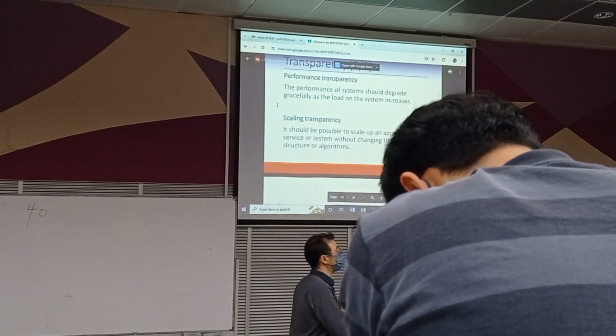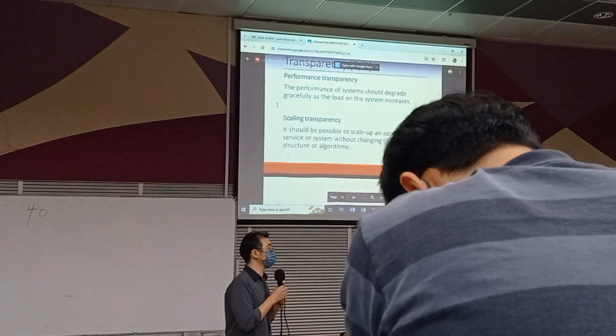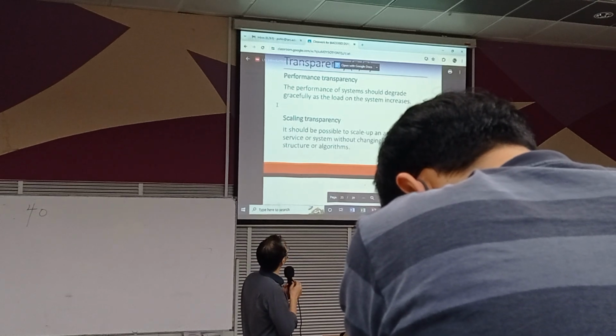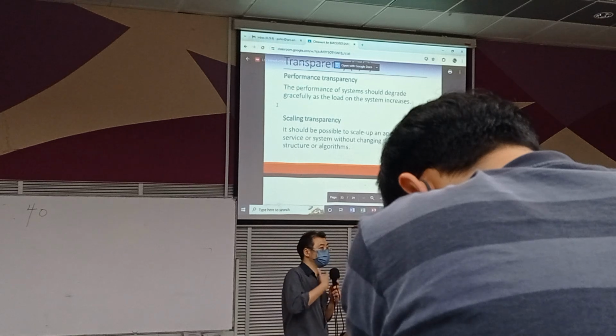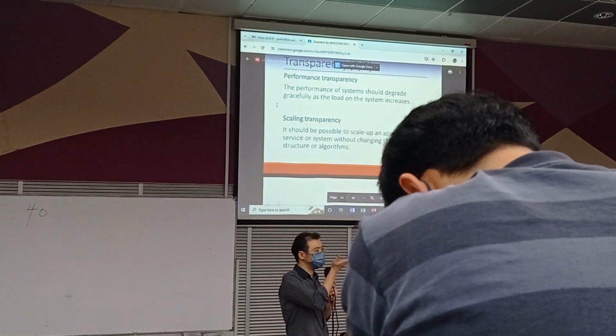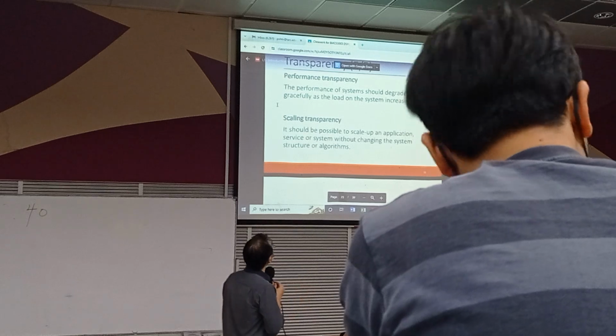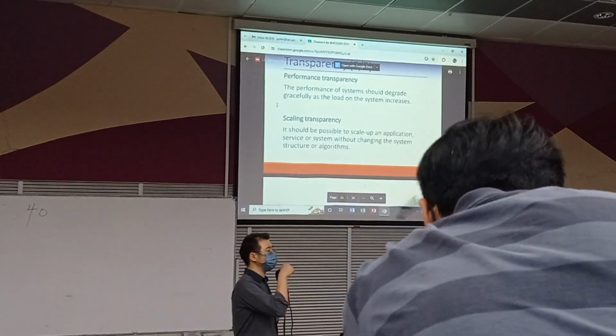Okay. Now, of course, if the system is poorly built, without performance transparency, you feel that kind of degradation. Suddenly you find the system getting slower and slower. If you have performance transparency, the system is intelligent.